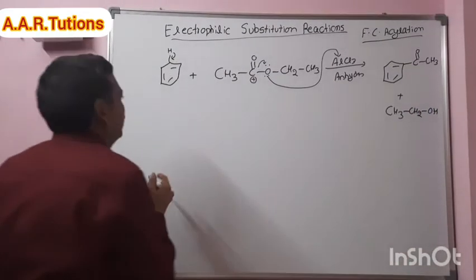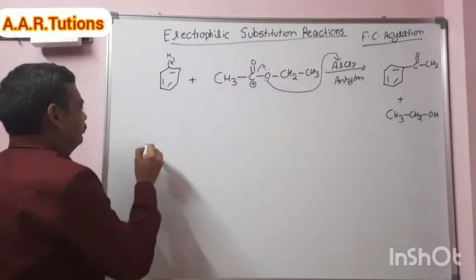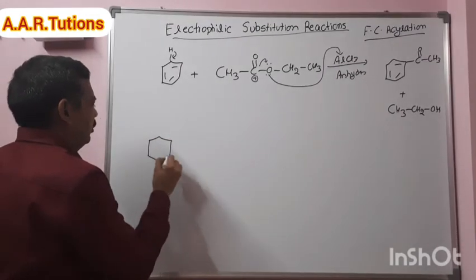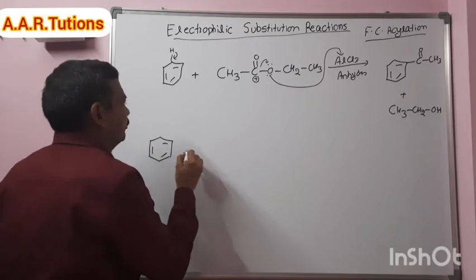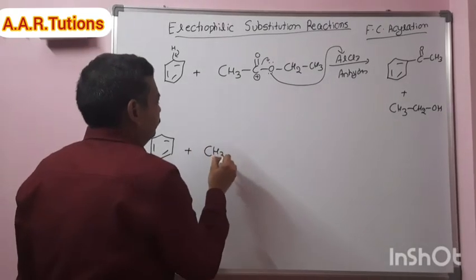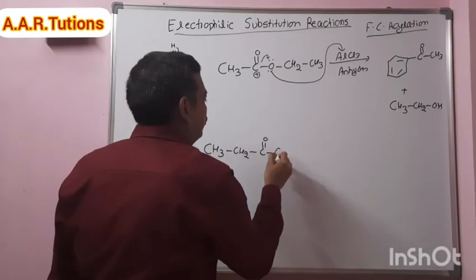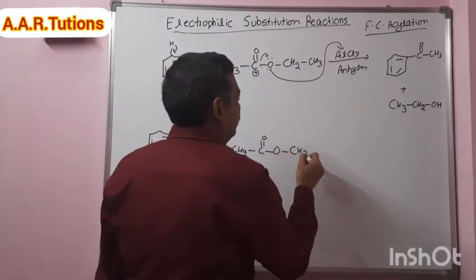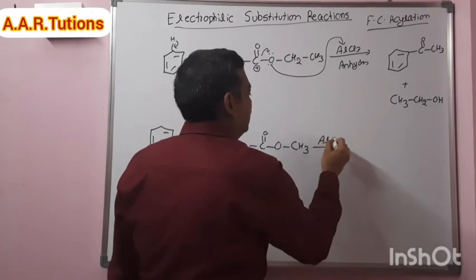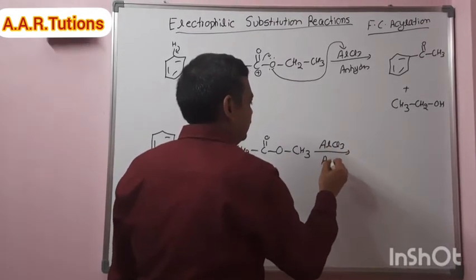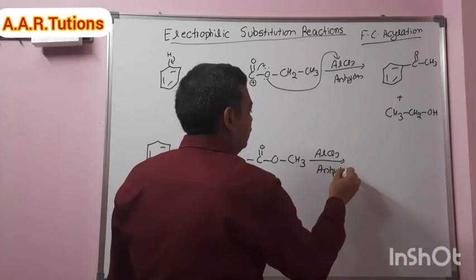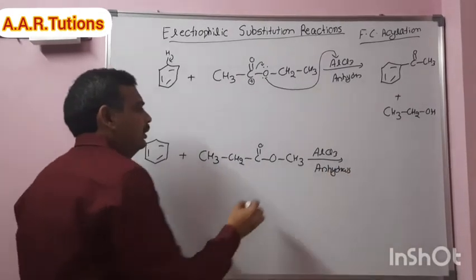Next problem. Write the product formed when benzene reacts with CH3CH2COOCH3 in presence of AlCl3 anhydrous. So what will happen?